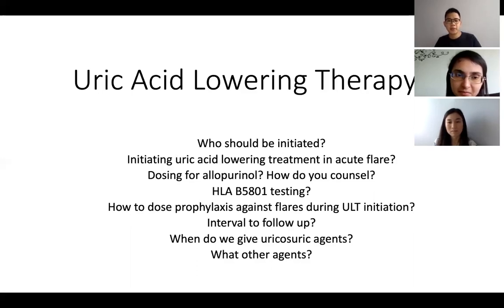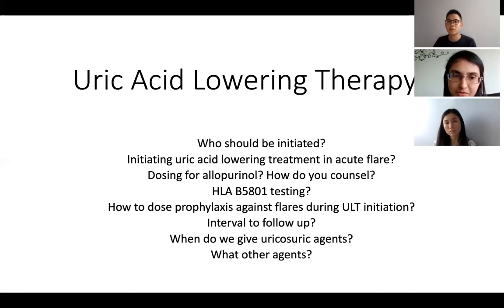Maybe the next question would be about dosing of prophylaxis against flares during uric acid lowering therapy. How do you dose, and what is the choice of agents that you use? So in terms of prophylaxis, I think the role of prophylaxis cannot be emphasized enough.